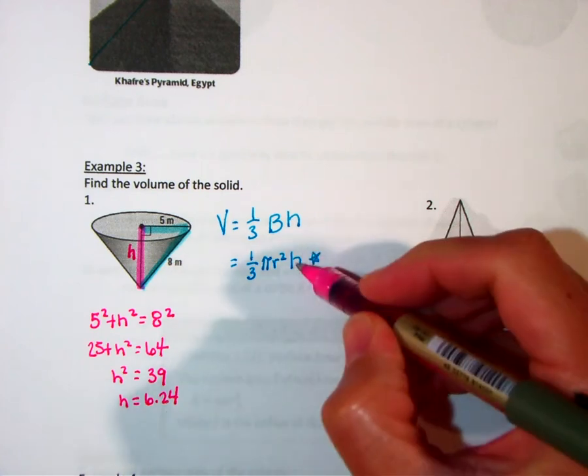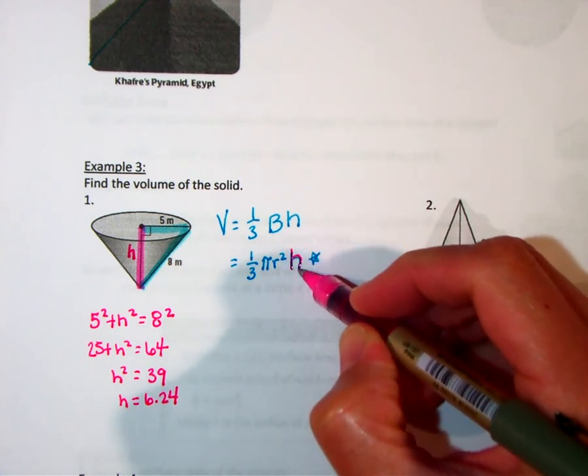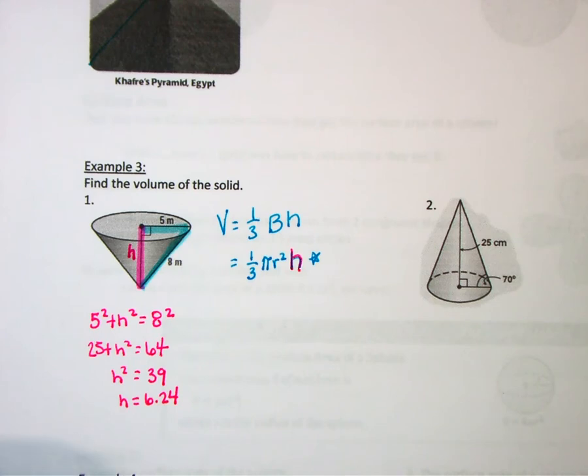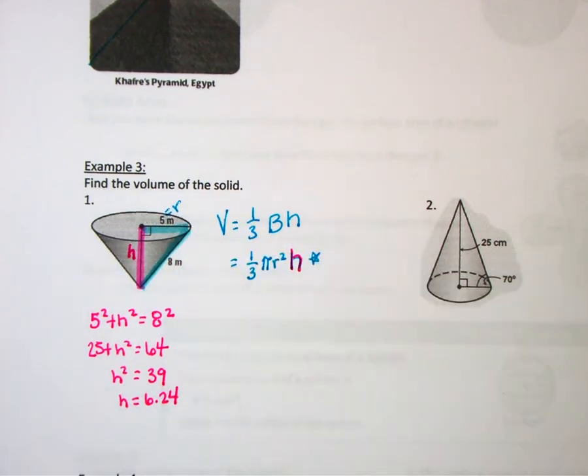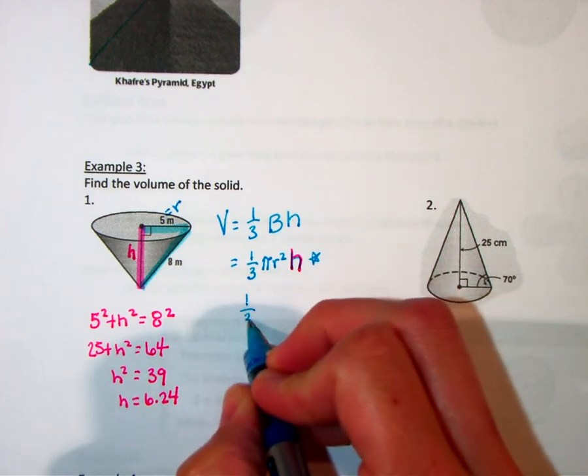So that number, 6.24, is going to go in for my h, and my radius is going to be 5.